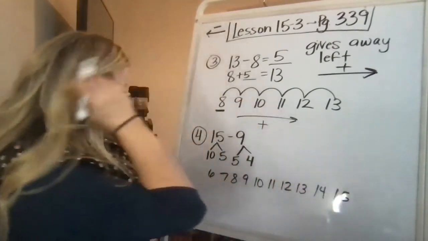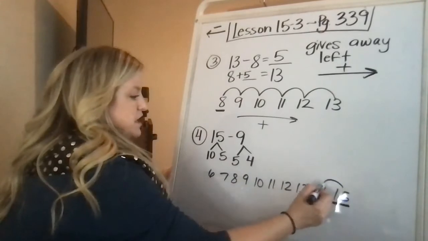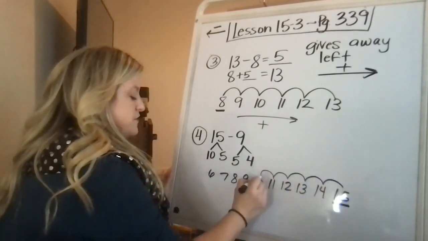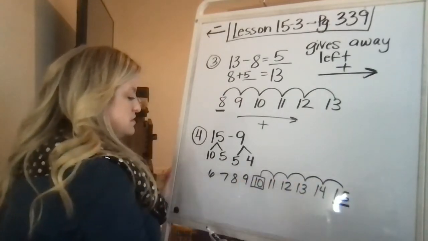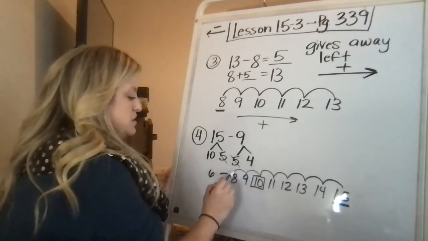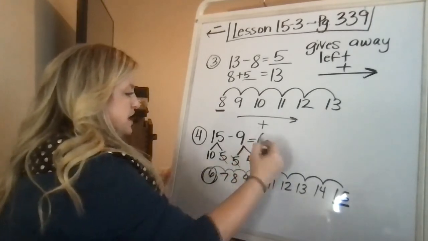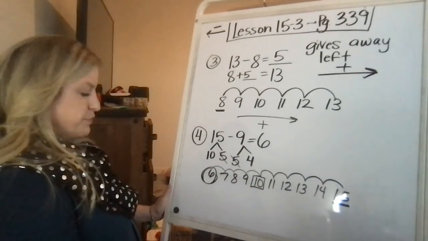Okay, so now I'm going to start at 15 and I'm going to jump back 5 to get to 10. 1, 2, 3, 4, 5. Pit stop at 10. It's like a checkpoint. Okay, and I did my 5. Now I have 4 left. 1, 2, 3, 4. Circle where I landed. 15 minus 9 is 6.